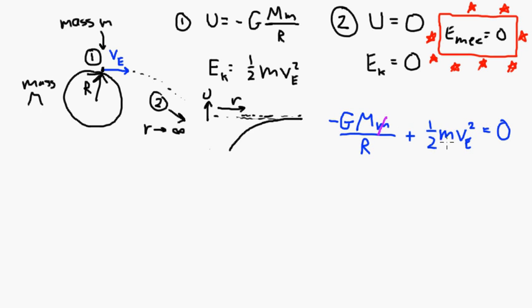And what comes out of all this is VE squared equals 2 big G, big M over R. This is big R. To be clear, we're using the planet's surface there because I said in the question starting from the planet's surface. And so your escape speed is just the square root of 2G big M over big R. There you go. You're all set. And that is the answer to problem A.